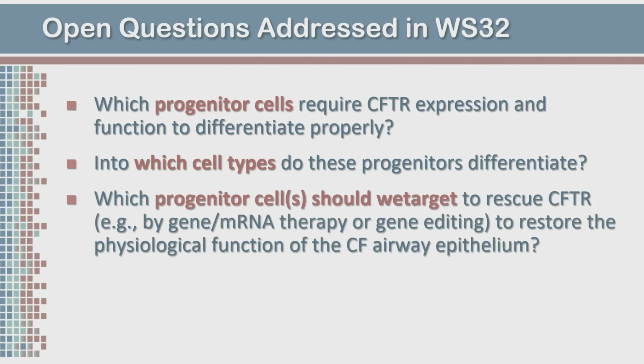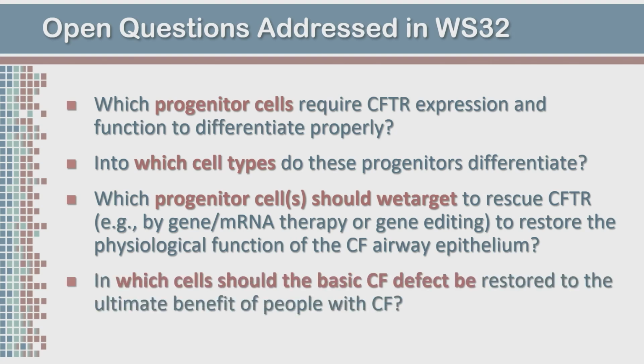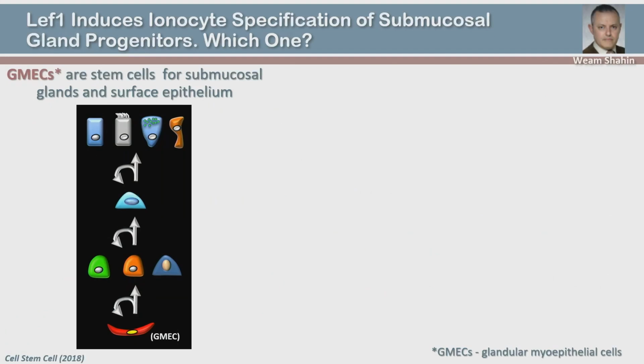Which progenitor cells should we target to rescue CFTR, for instance, by messenger RNA therapy, gene editing, and so on, so as to restore the physiological function of the CF airway epithelium and, of course, the other epithelia? And in which cells should the basic defect be restored to the ultimate benefit of people with CF?